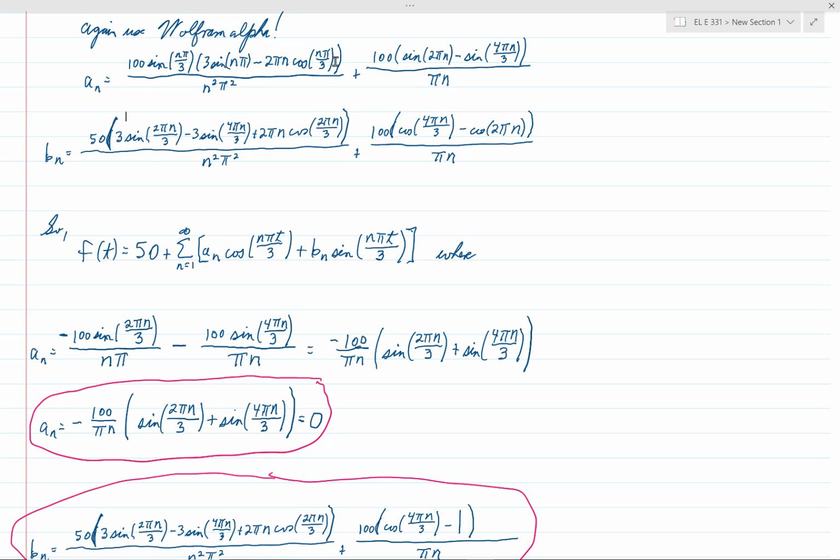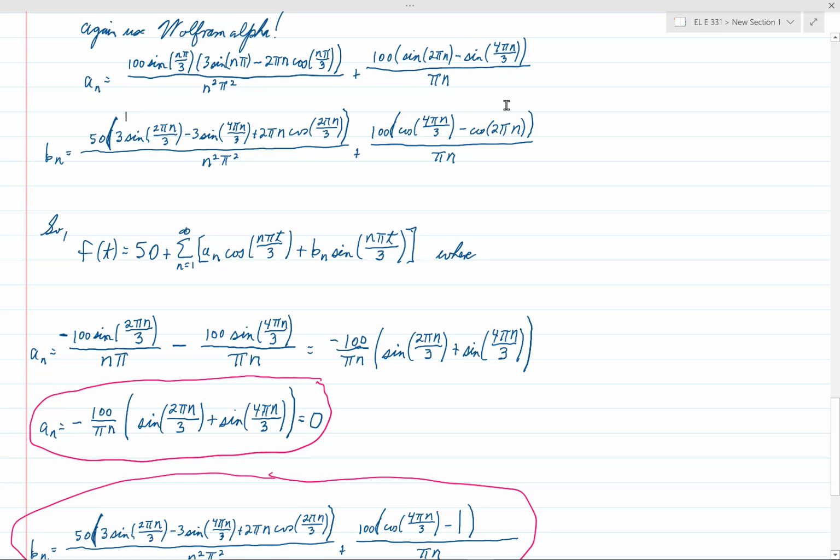And you might remember 2 sine x cosine x is the same thing as sine 2x. So this just becomes sine of 2 pi n over 3. So this term right here, sine of 2 pi n over 3 times minus 100 over pi n, that takes care of this first term up here for An.